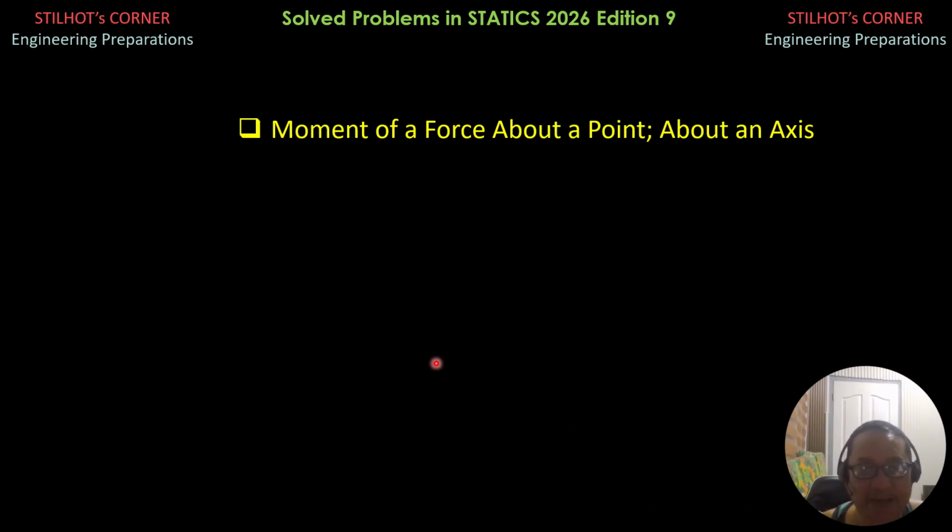And of course, when we analyze that, we have to compute for the component of the force that has moment about that inclined axis. So it is that specific orthogonal component times the perpendicular distance between its orthogonal component and the axis.